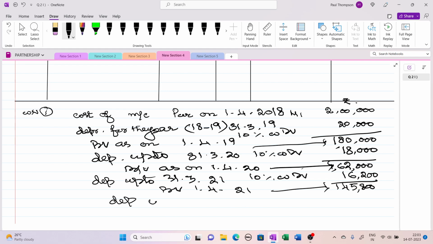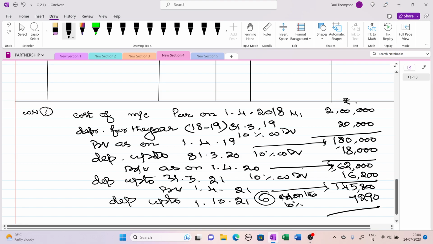Now depreciation from 1/4/21 to 1/10/21, because we have disposed of it on 1 October 21, for 6 months, 10% WDV. So this comes to 7,290. So what is the book value now? 1,38,510.